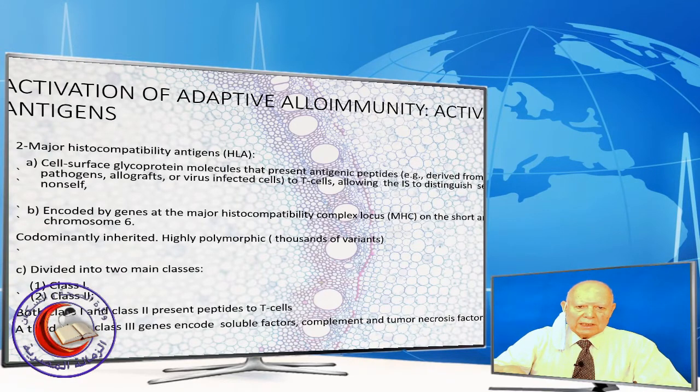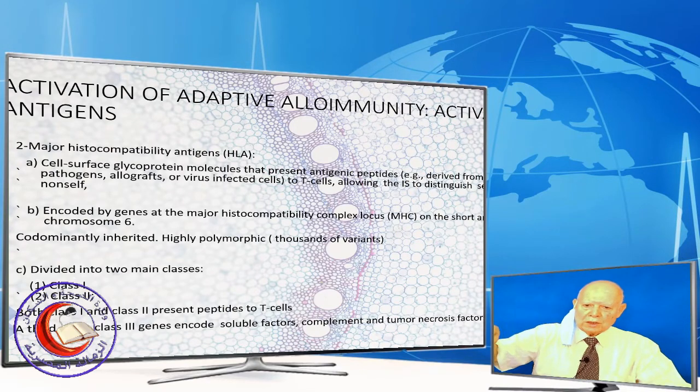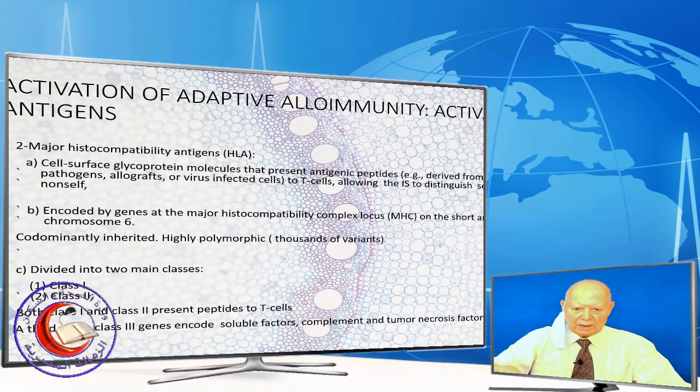The HLA molecules are divided into 2 main classes, class 1 and class 2. Both class 1 and class 2 present peptides to T cells, but class 2 present the peptides to CD4 T cells. We said that CD stands for cluster of differentiation, due to molecules on the surface of the cells which allow identification of the type of cell.